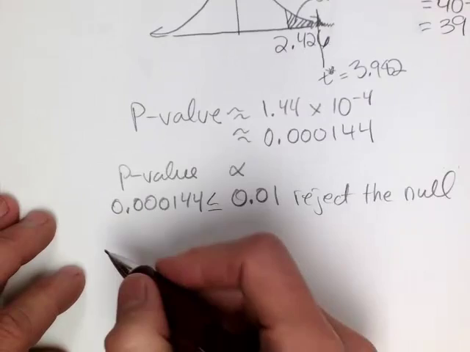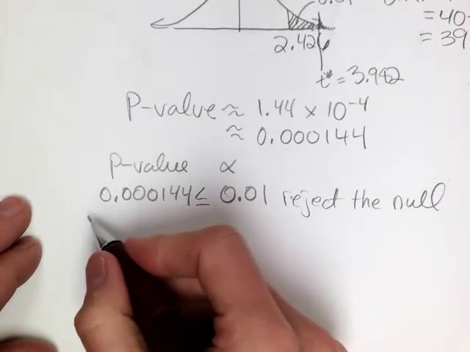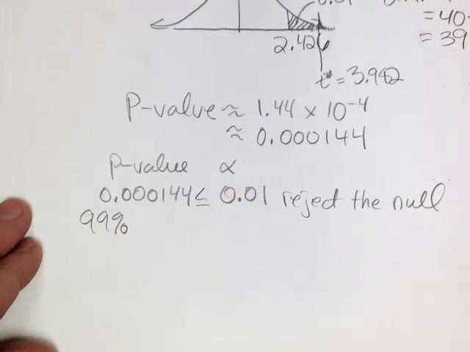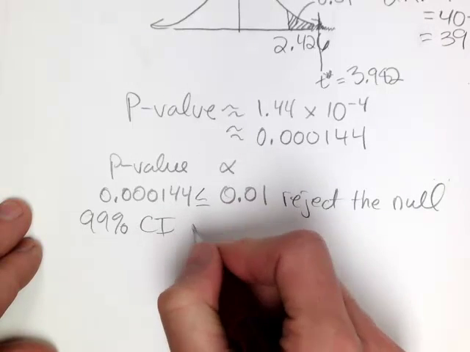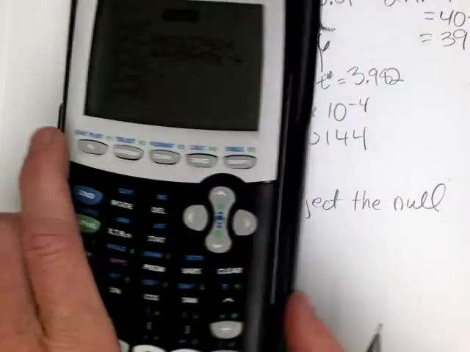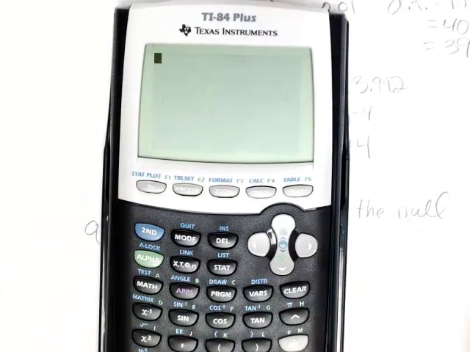Let's go ahead and find the corresponding confidence interval. Okay, the level of confidence would be 99% since our level of significance is 0.01. So a 99% confidence interval for mu. Okay, again, I can use my calculator for this, or you're welcome to go back to section 6.2 and do this by hand.